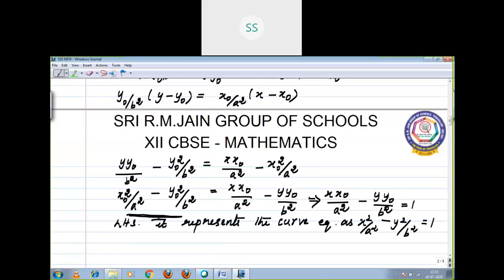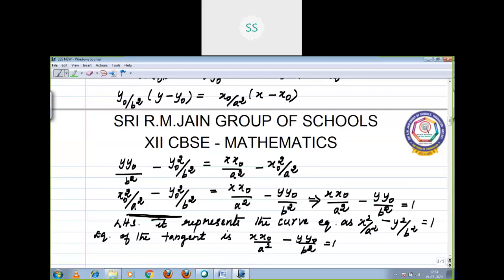Now what is the equation of the tangent? Equation of the tangent is x naught by a square minus y naught by b square equal to 1.